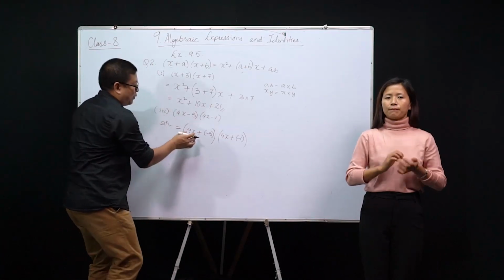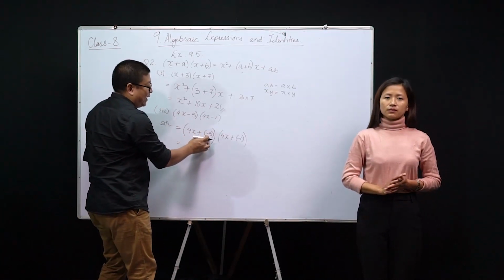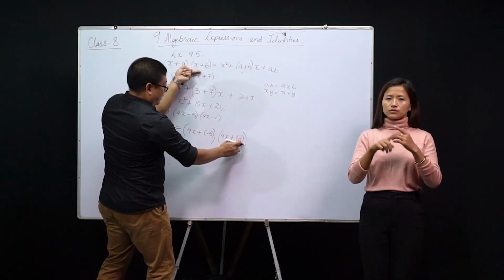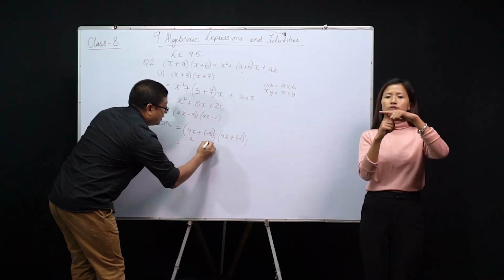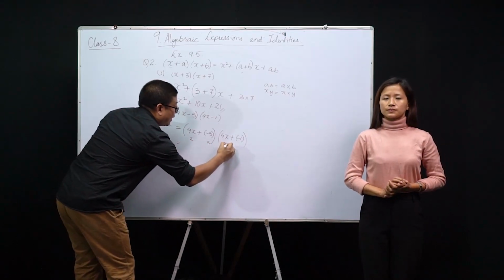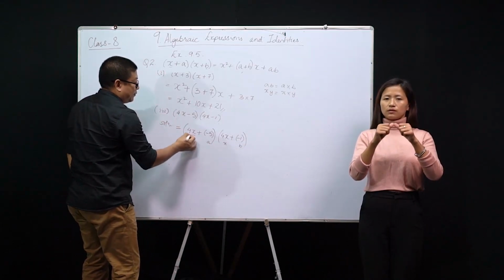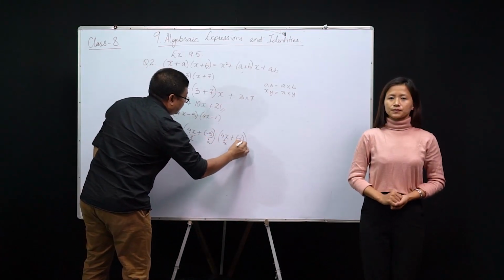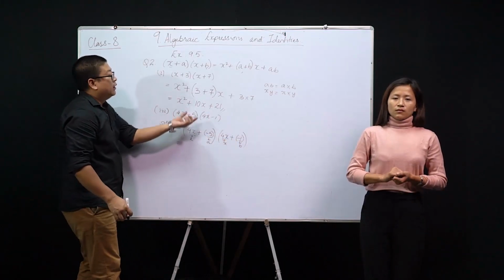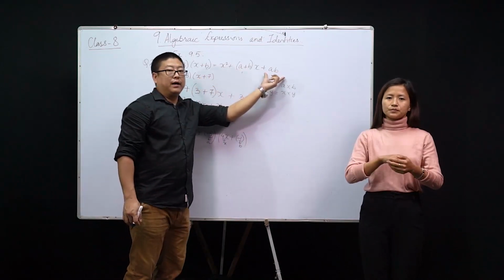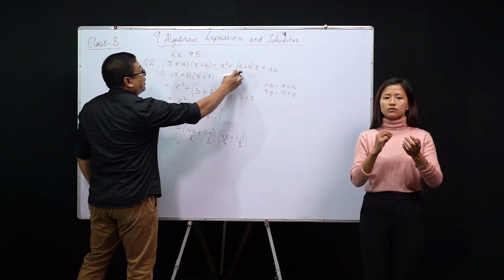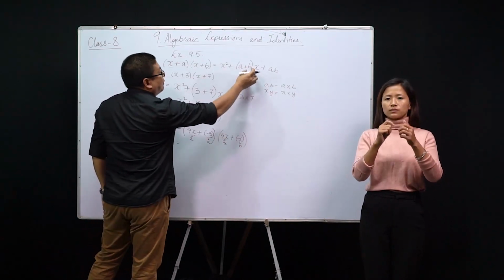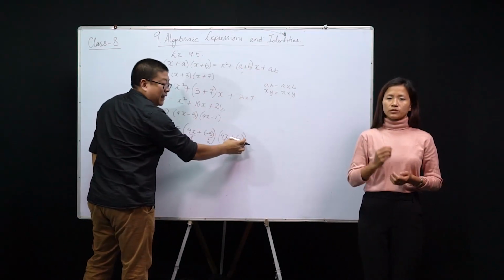So now you have x plus a, all right, into x plus b. So you can write like this, xa, xb, okay? So when you put it in this formula, you're going to write in place of a, minus 5. In place of b, you're going to write minus 1.